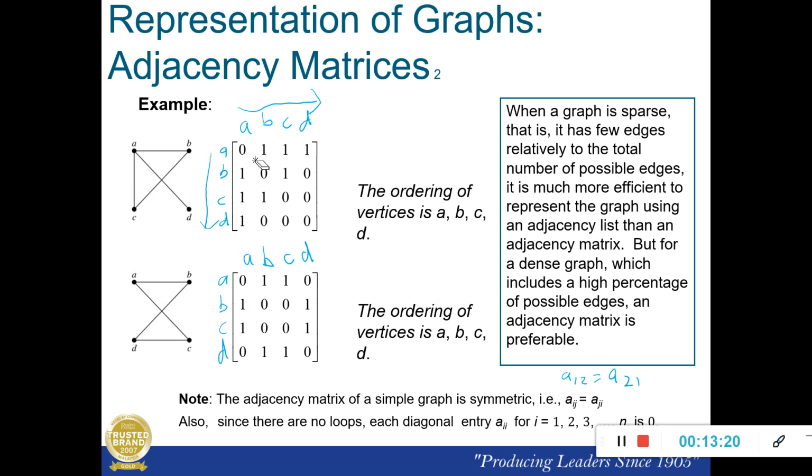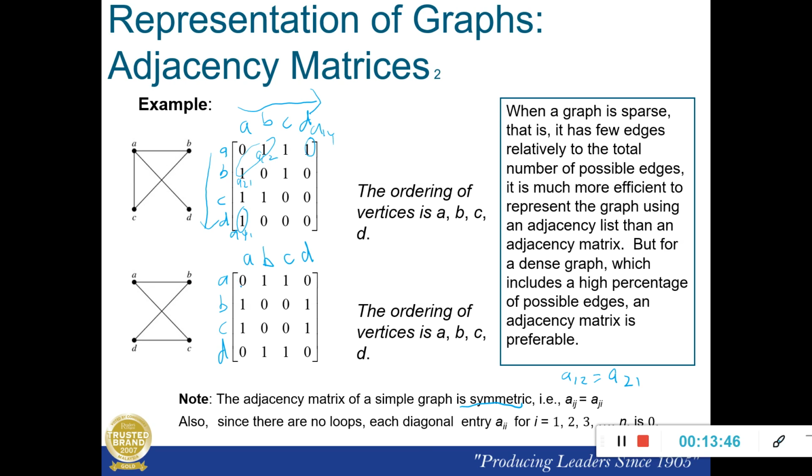Let's check again: a_11, a_12. This is a_12, and a_21 is here. So this is considered a symmetric matrix. Let's say a_14 and a_41: they are the same, so it's symmetric.